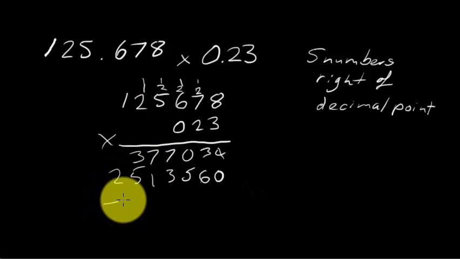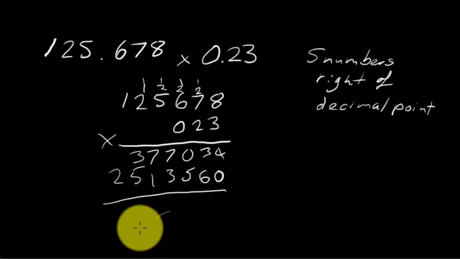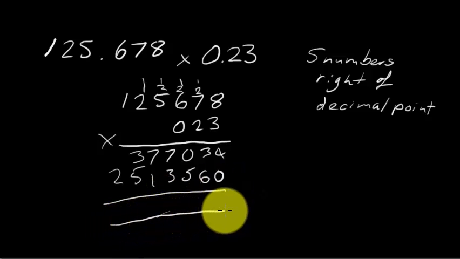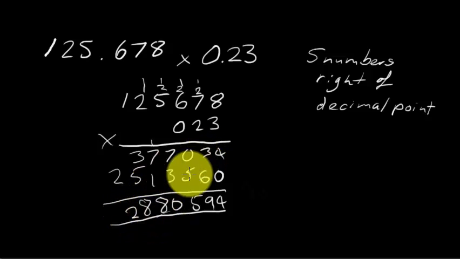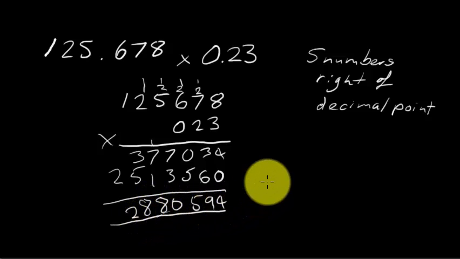Okay, so now we just add those together to get our final answer. So 4 and 0, 4, 9, 5, 10, that's 8, 8, 8, okay, 2. Okay, so we have our number 2880594.